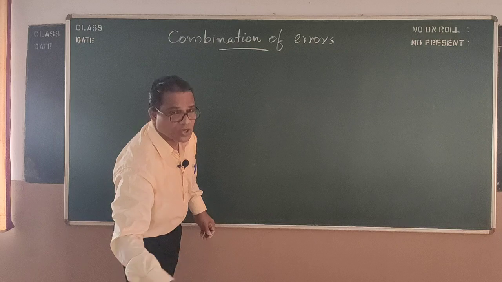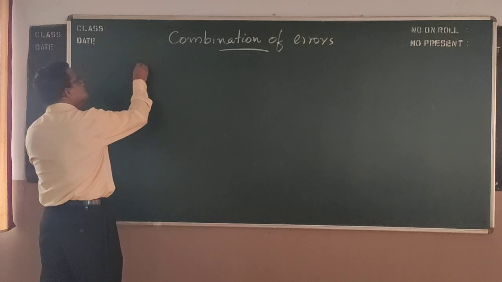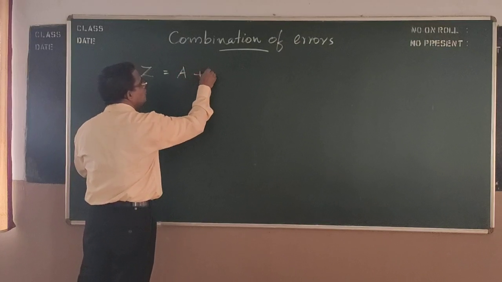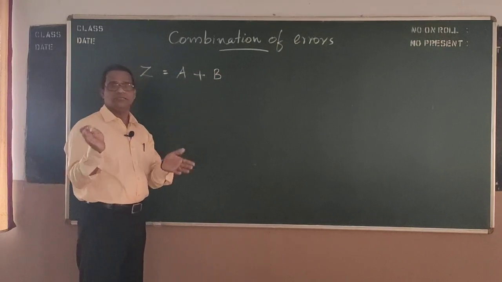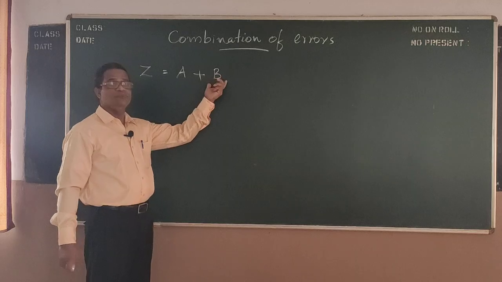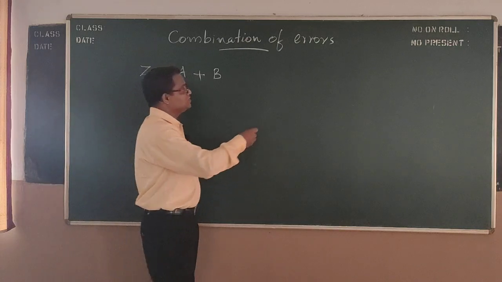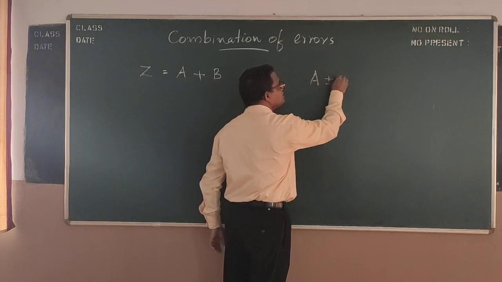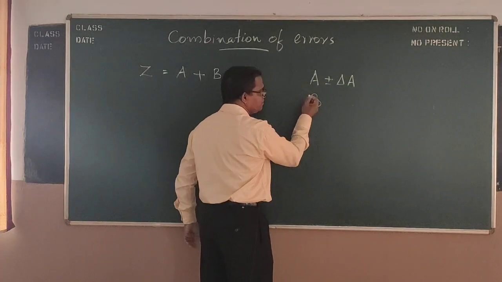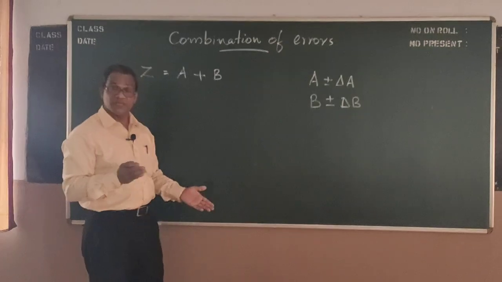Now suppose I have a physical quantity, that is Z, which is given by the sum of two other physical quantities, A and B. So I have to measure A and measure B, and adding those two measurements I will be getting Z. So when I measure A, I will be getting A plus or minus delta A with error, and when I measure B, I will be getting B plus or minus delta B with error.